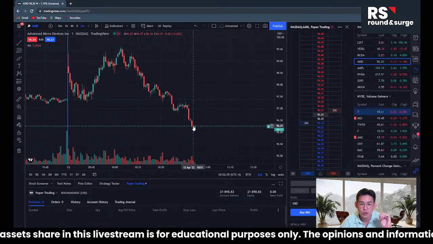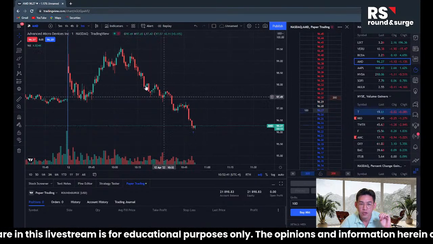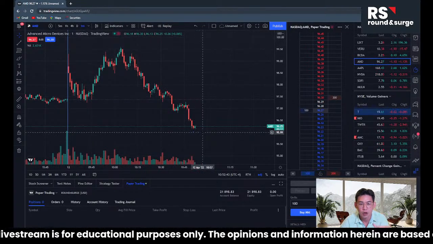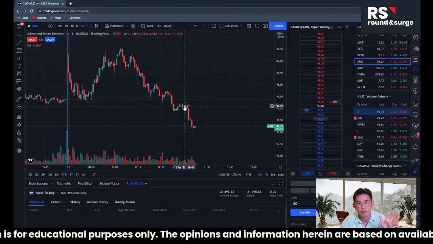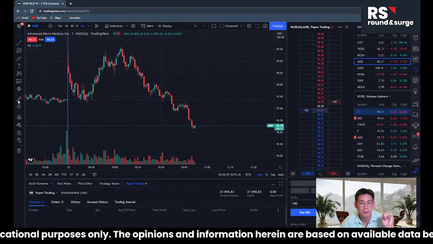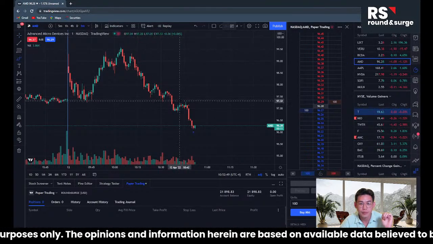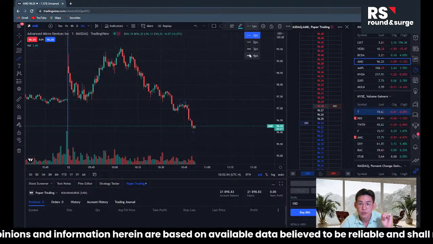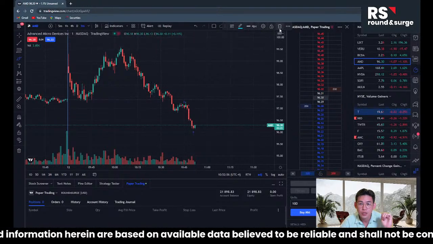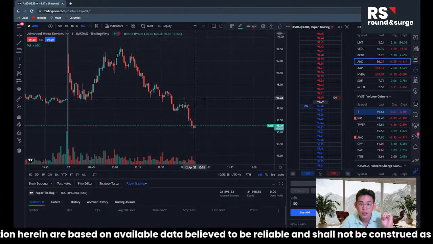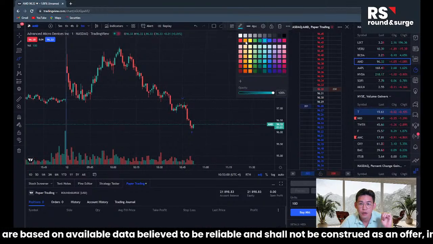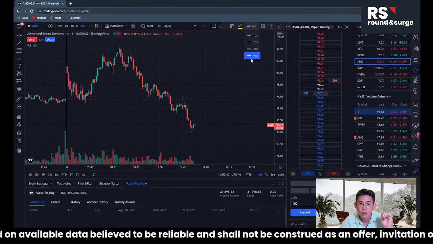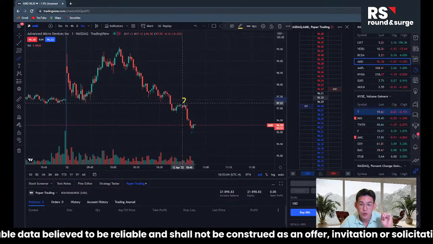Also, it seems like they are not going to stop, because the price went down from the previous high here. Let me put it much bigger. Why is it so small?